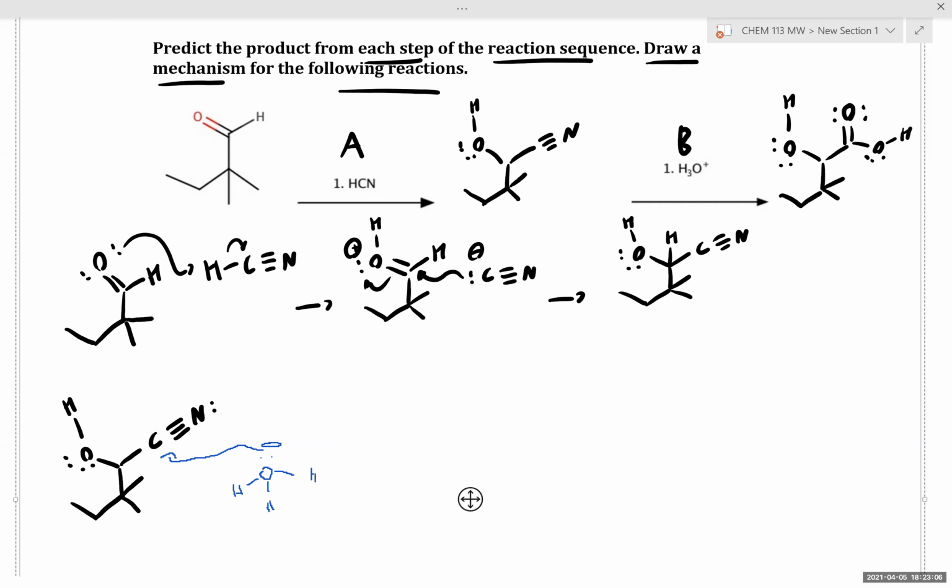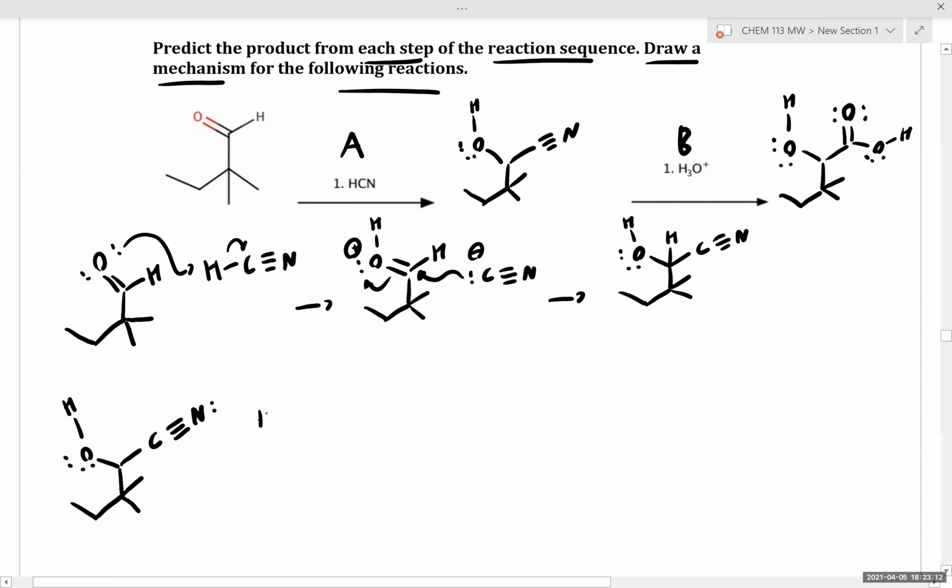So let's put these student proposed steps together. We have a proposal that we're going to protonate our nitrile. And then we have a second proposal that after protonation, an equivalent of water is going to attack our nitrile. Okay, so we protonated our nitrile.